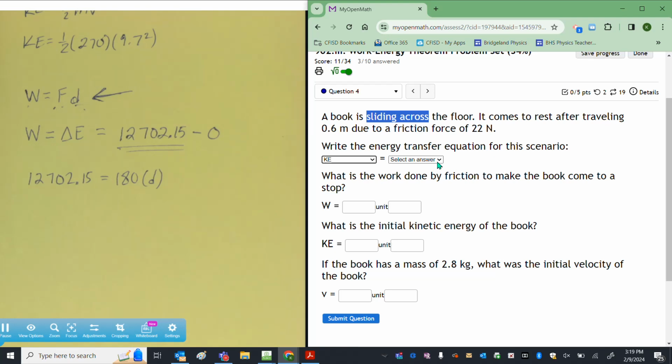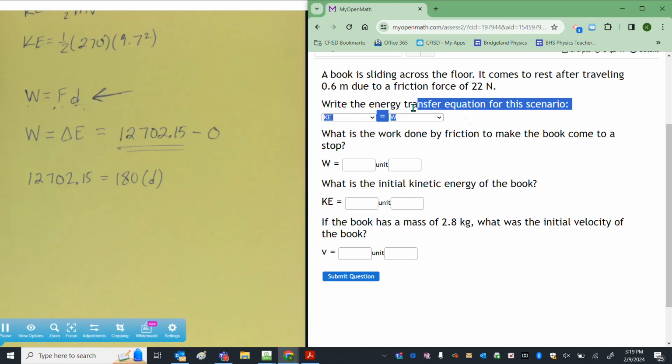So this is a little bit weird way to write this equation, because I'm going to write it as KE equals work. But technically, we typically would write this as either KE equals dissipated energy or KE plus work equals 0, where the work is negative. Okay, so technically it's KE minus work equals 0, but if you rearrange that equation, you get this one, KE equals work.